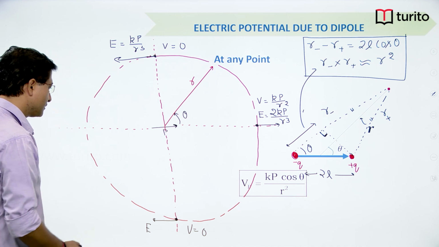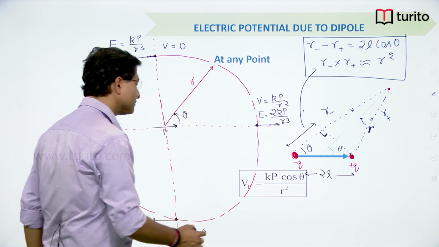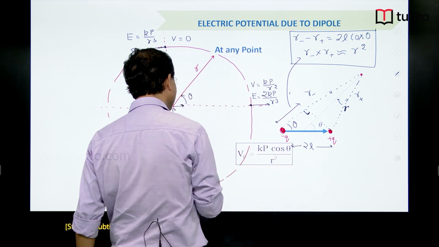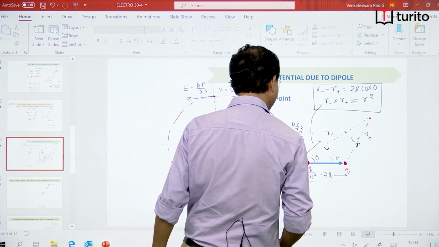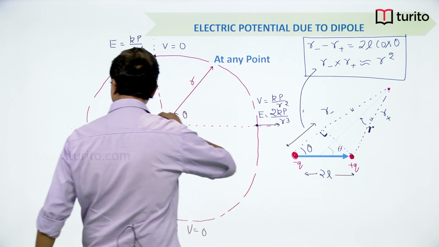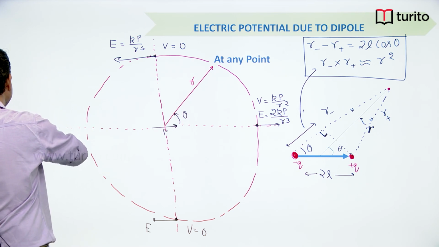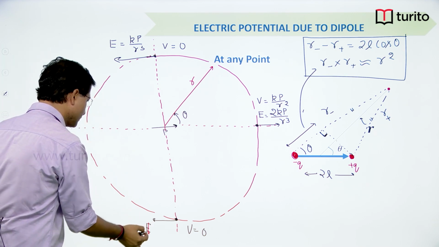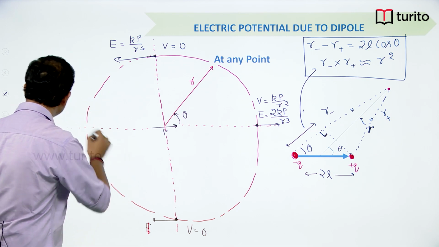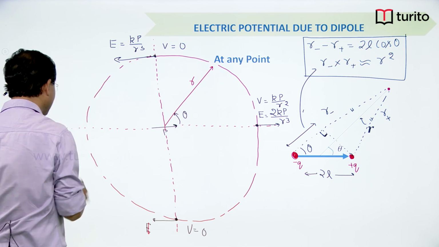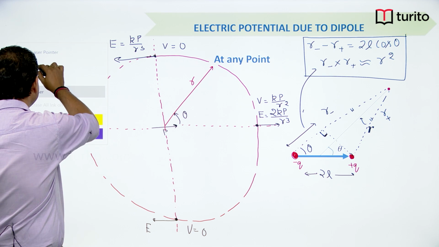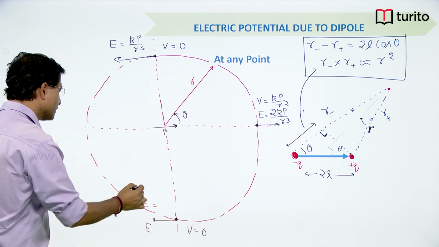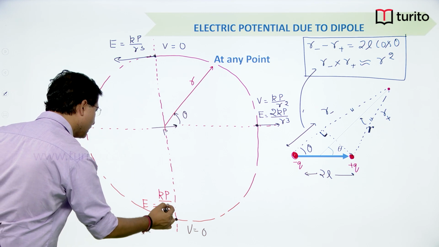So the value of this field E we are getting at this particular point is kp divided by r cube.